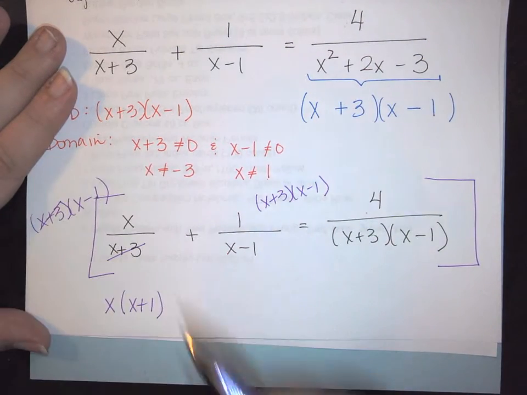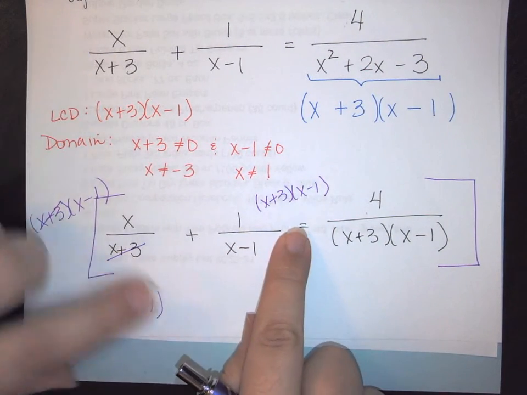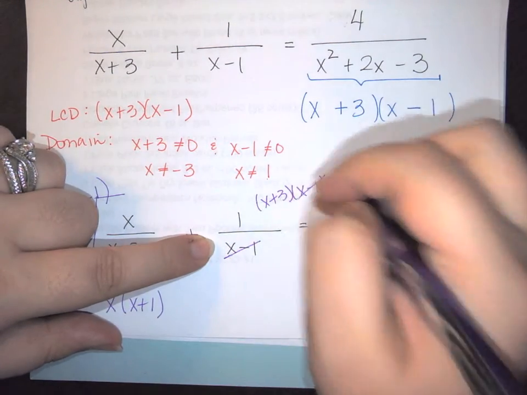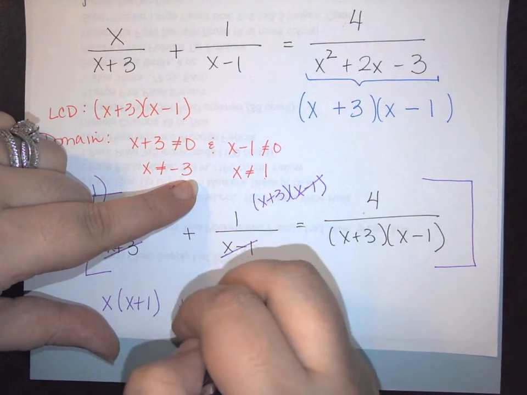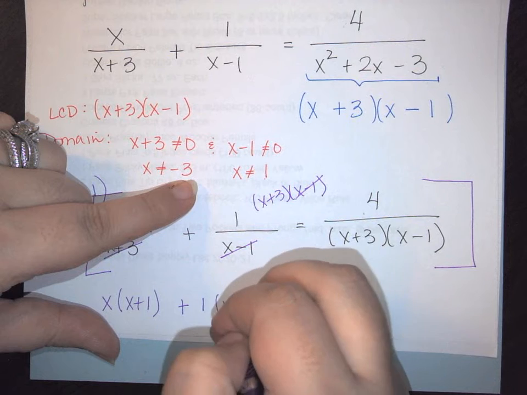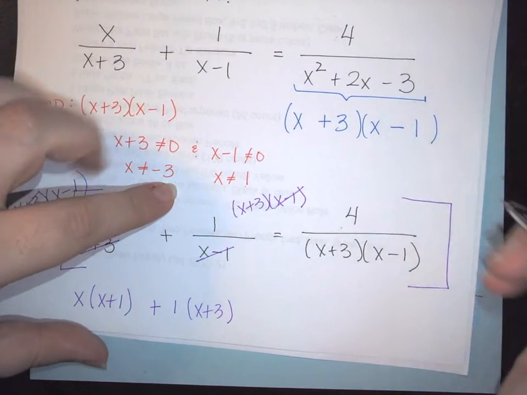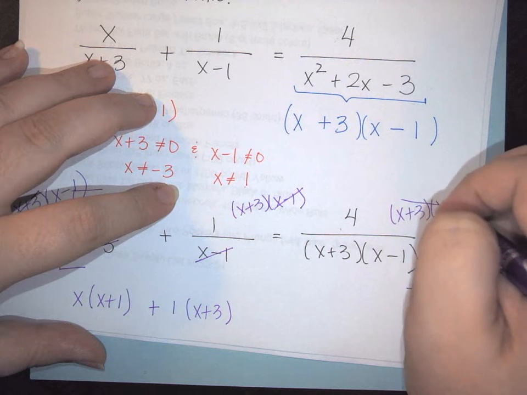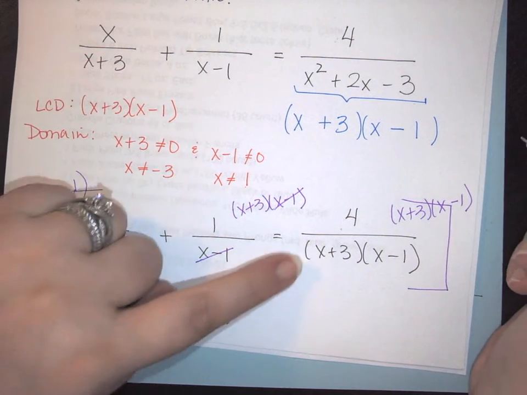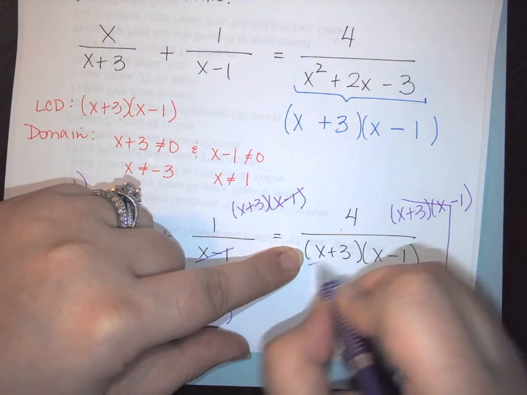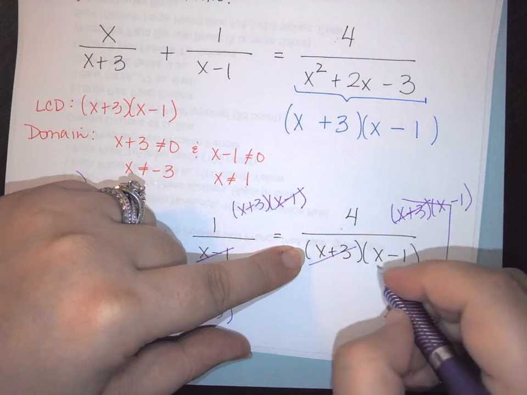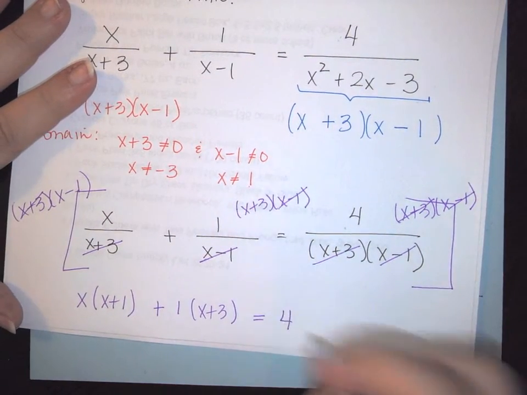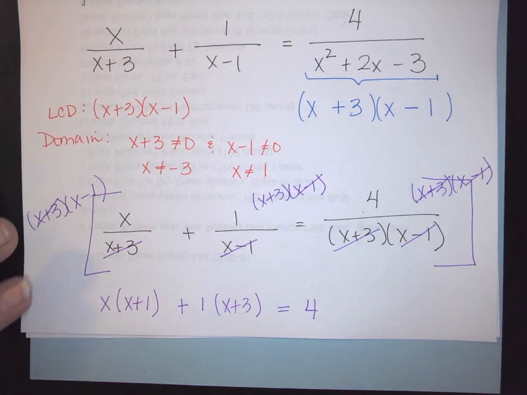In my first one, that went away. In my second one, notice my denominator goes away and leaves behind plus 1 times the x plus 3. Now if we look at the back end, again we're doing x plus 3 times x minus 1. And in its denominator, the plus 3 goes away, the minus 1 goes away, and it leaves behind the 4. Okay, so we multiplied everything.